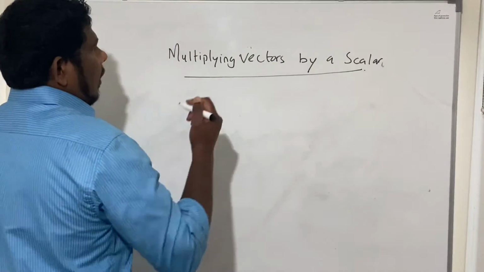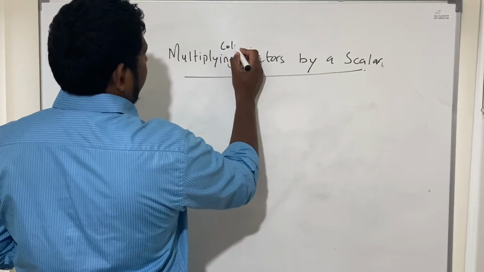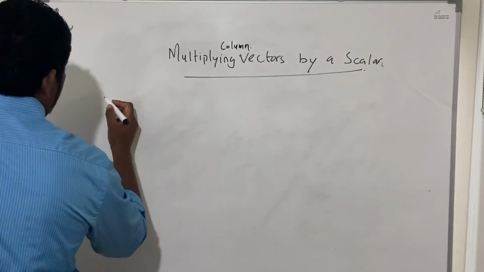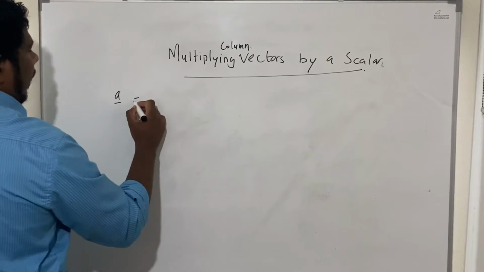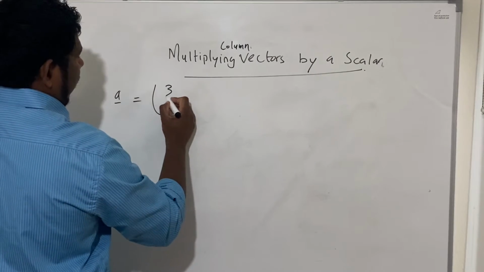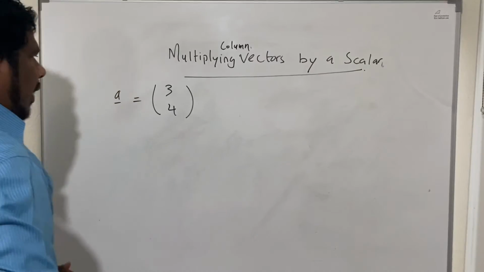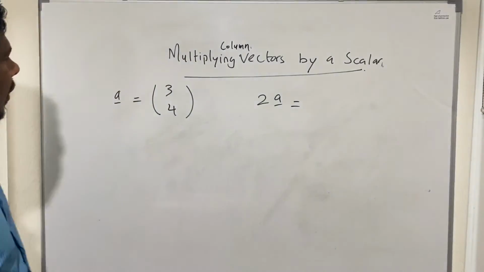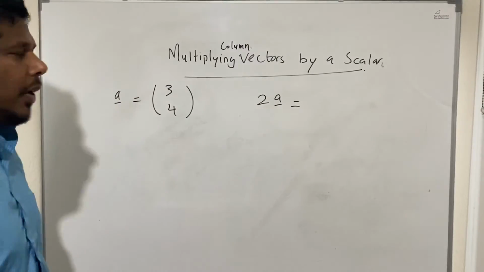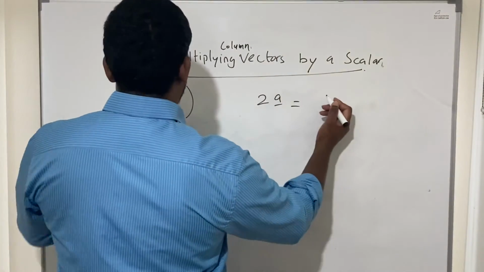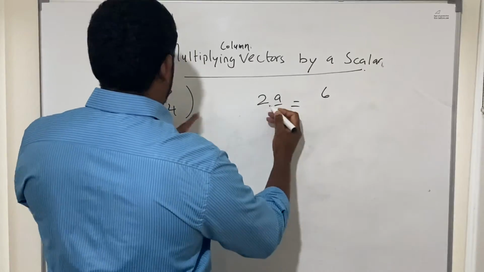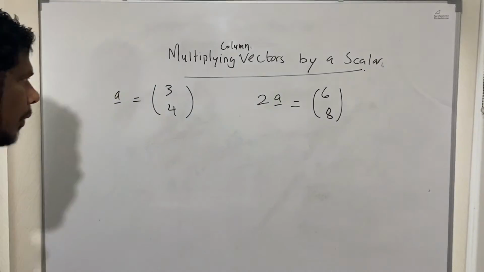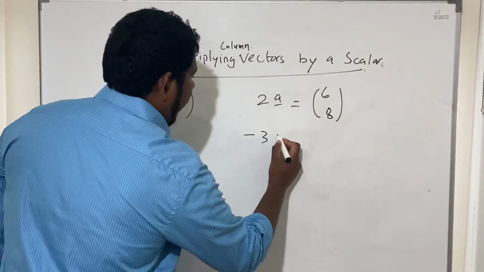How do we multiply a column vector by a scalar? For example, we have a vector A in column form, say 3, 4, and we need to find what is the vector 2A. Simply we multiply the top and the bottom by the scalar. So it's going to be 2 times 3, 6, and 2 times 4 is 8. Okay, what about -3A?